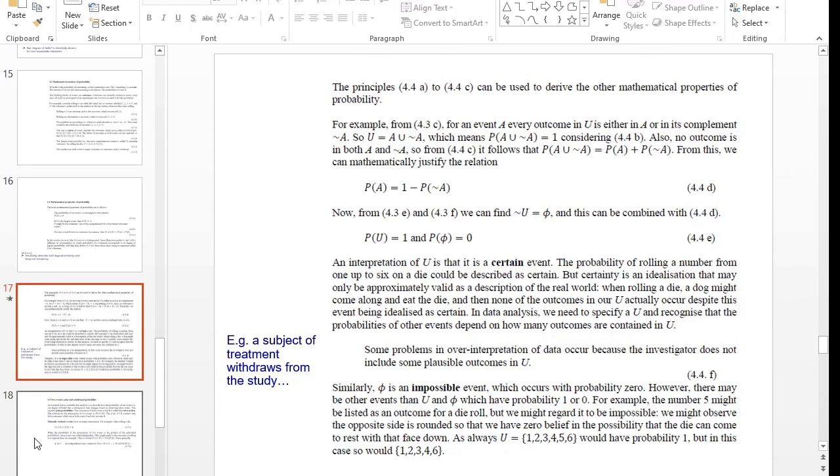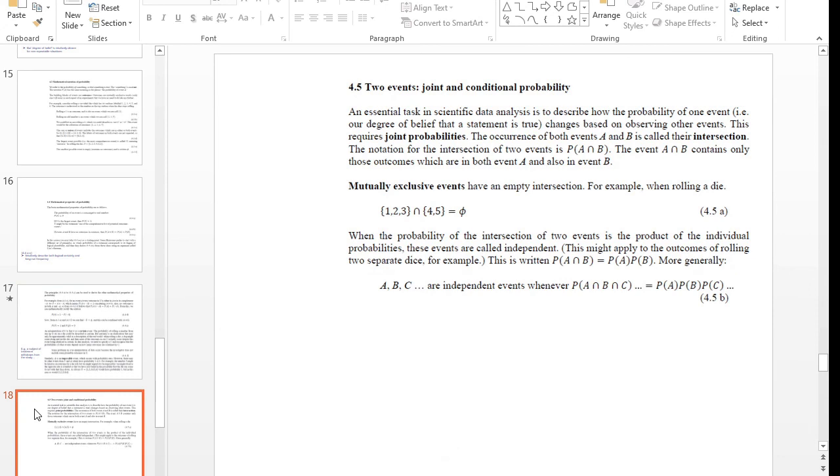Now, we want to use these laws of probability in order to learn. So given some data which have arrived, so given some events have occurred, we want to make conclusions about the probability of some other events. Or in other words, we want to work out the probability of a prediction or an inference.